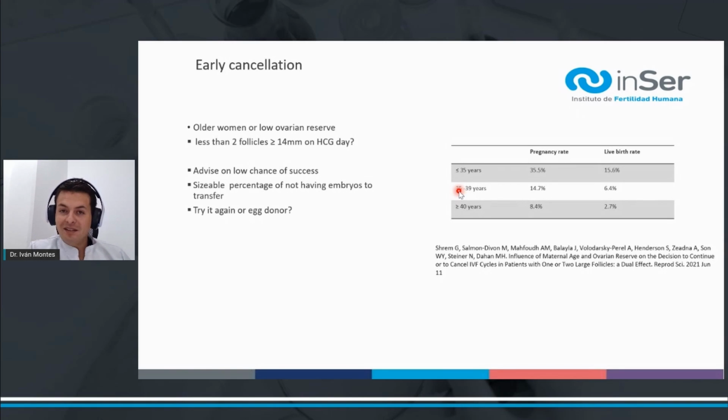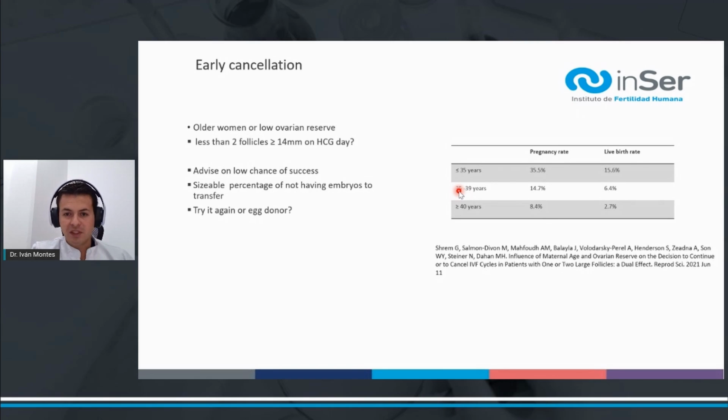So before making a decision to suspend a treatment cycle, it is important to advise on the low chances of success and the possibility of not having embryos to transfer, and even the possibility of carrying out a new treatment with the possibility that this will happen again, or preferably have an egg donation treatment.